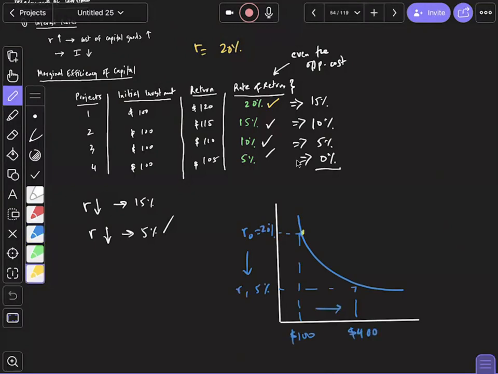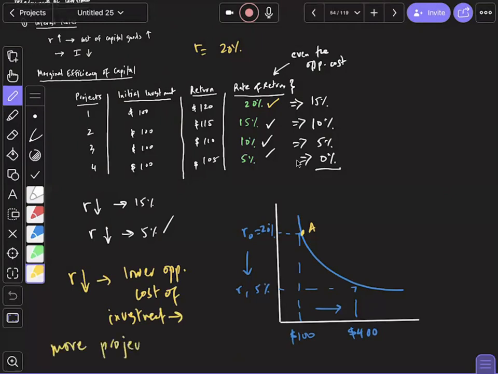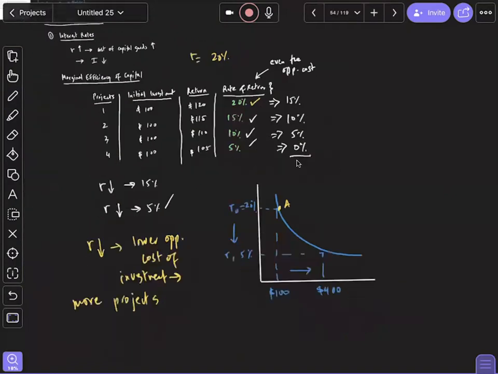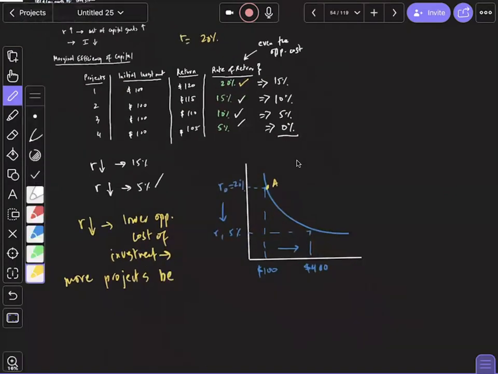So what we are trying to say is this, that interest rate falls, it's a lower opportunity cost of investment. More projects become financially viable, and therefore investment levels will go up.